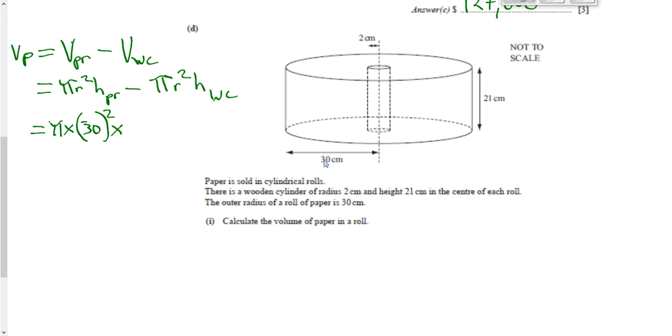That's 30 squared, the radius there, times the height, which is 21, minus pi times the radius of the small cylinder, which is 2 centimetres, 2 squared, times its height, which is also 21.